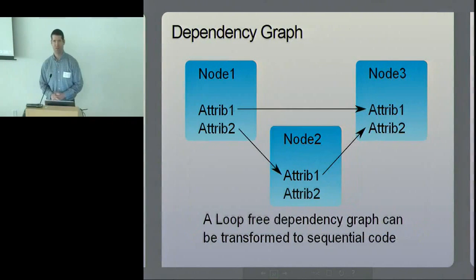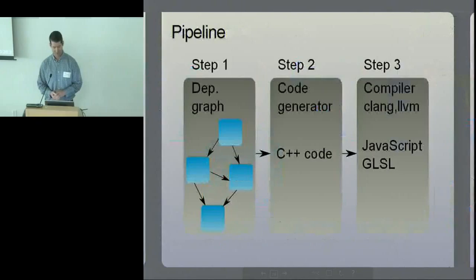This dependency graph in general consists of nodes, and every node has attributes. You can connect these attributes arbitrarily, and a loop-free dependency graph can be transformed into sequential code. So the pipeline of the exporter works like this.